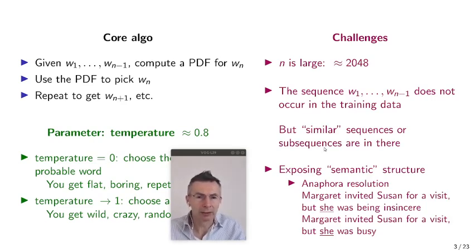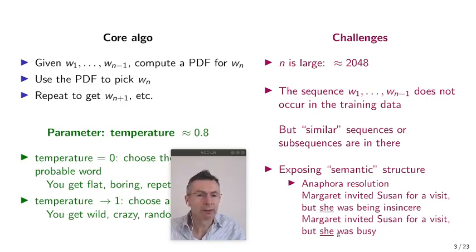Then another challenge that you have here is that the structure of a sentence is not just given by the syntax, which would be complicated enough, but it's also given often by the semantics. And here's an example. So anaphora resolution is about how you decide what a word like she or he or it or her or his refers to.